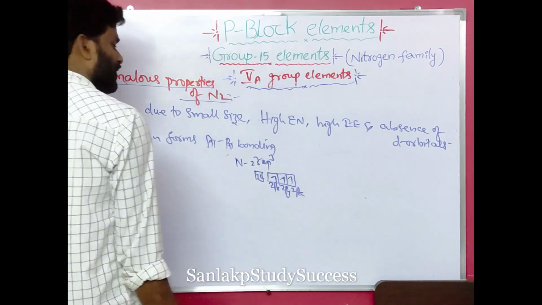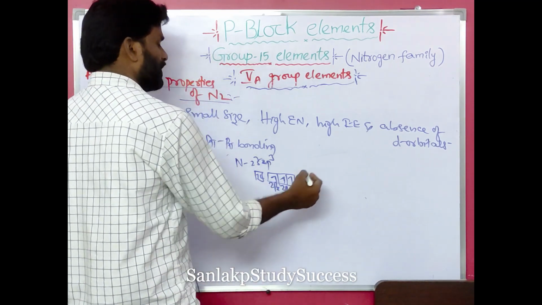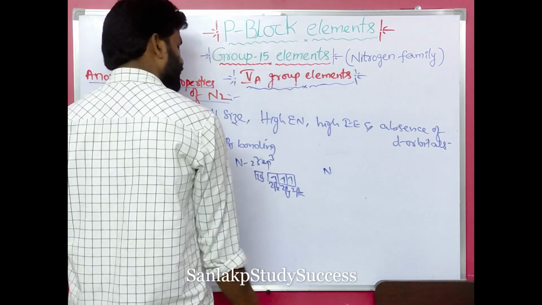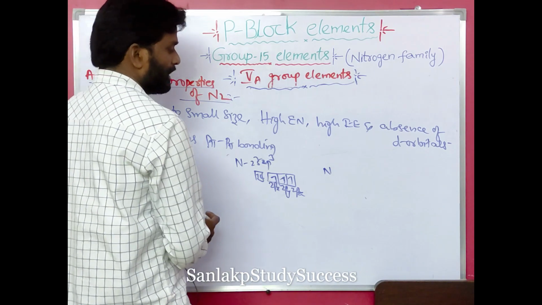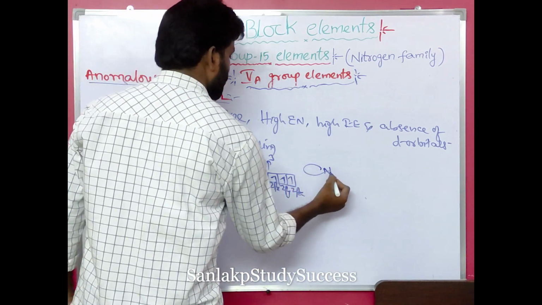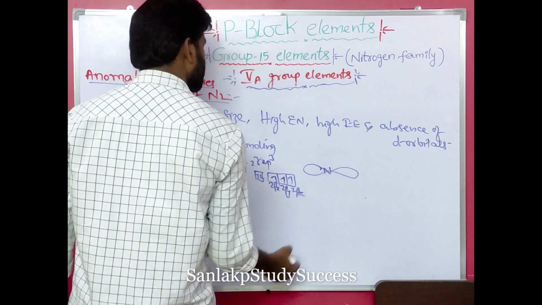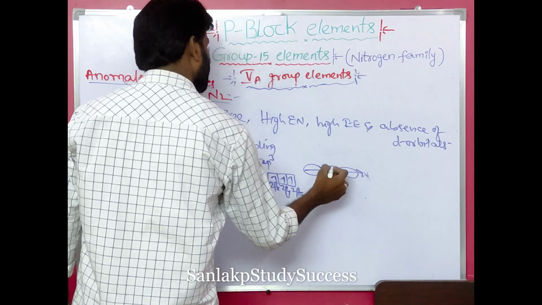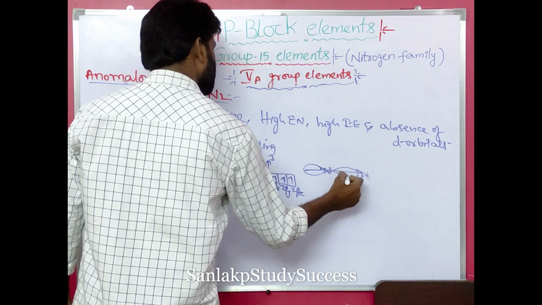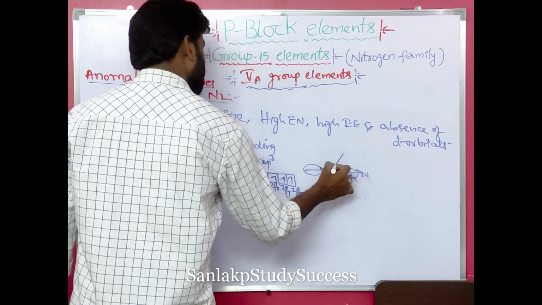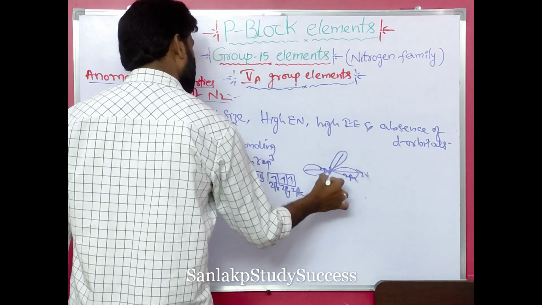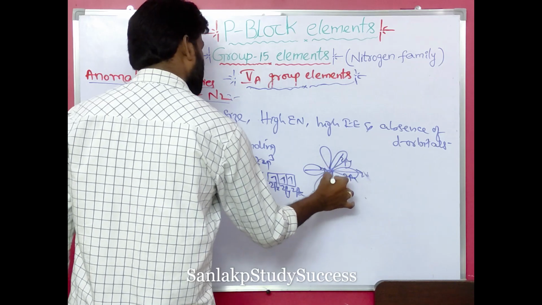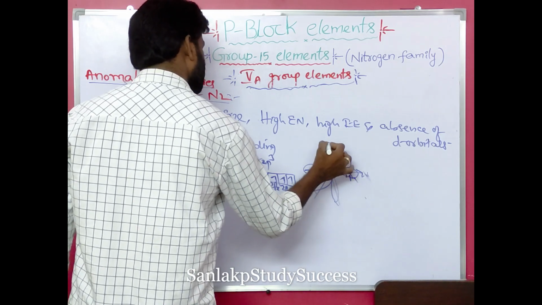Taking one nitrogen atom, 2px is a dumbbell along the x-axis, 2py is a dumbbell along the y-axis, and 2pz is a dumbbell along the z-axis.